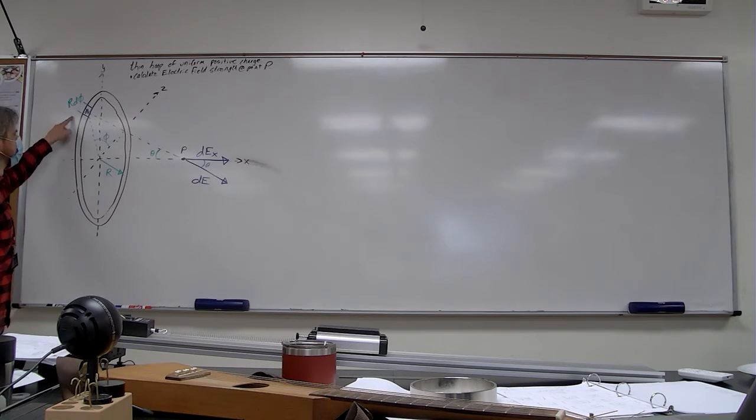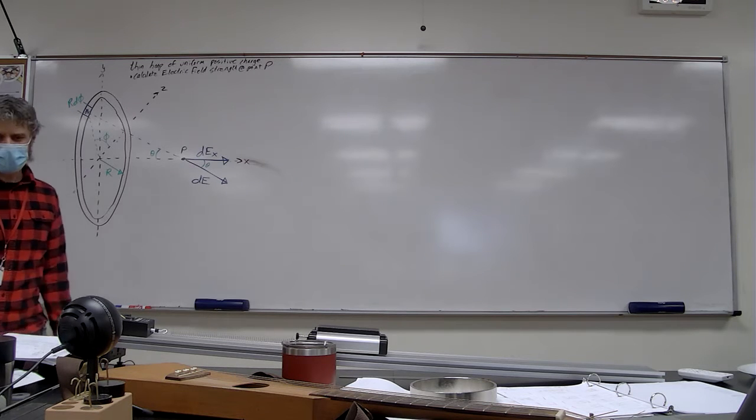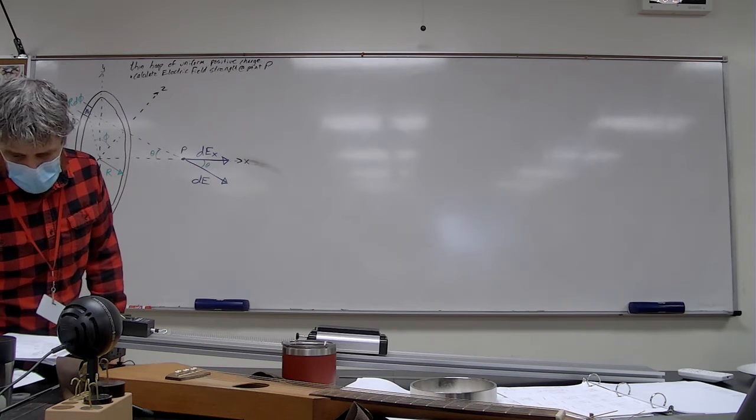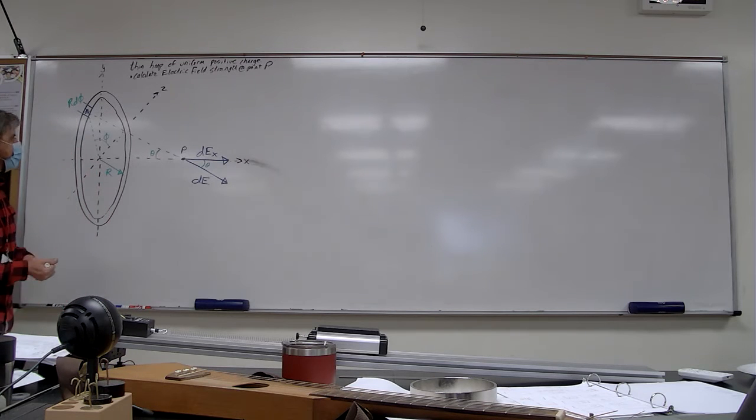Delta phi, but once it becomes infinitesimally small, it's d phi. And so this is just arc length, s equals r theta. Arc length here, R d phi.